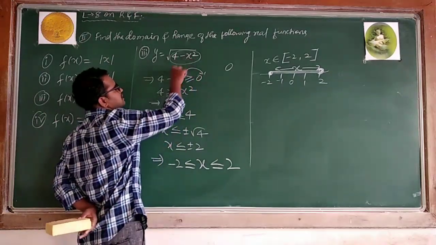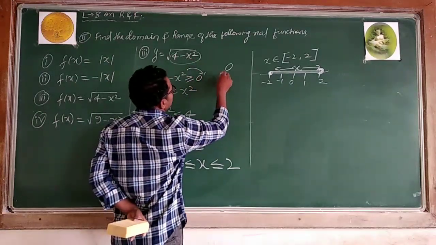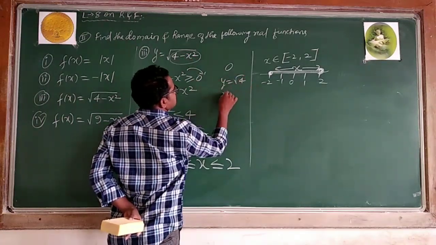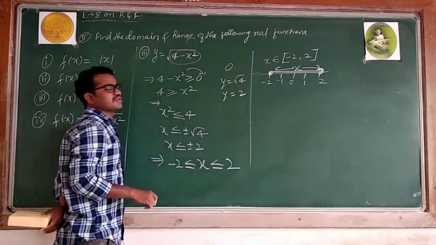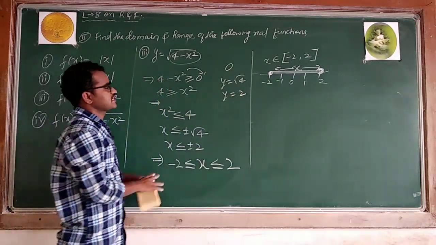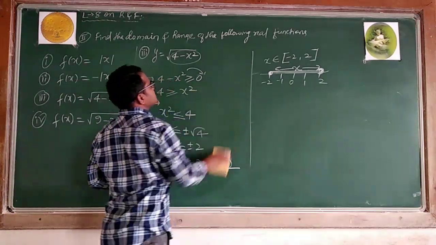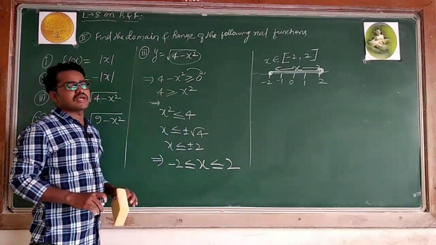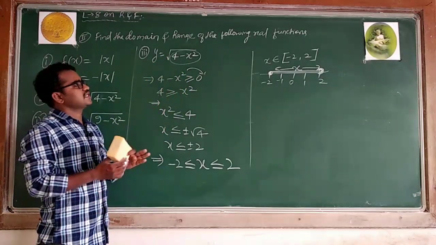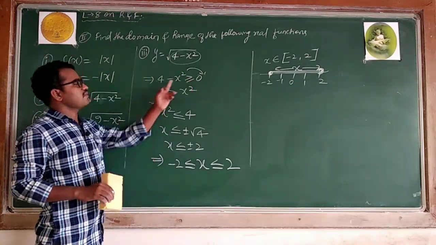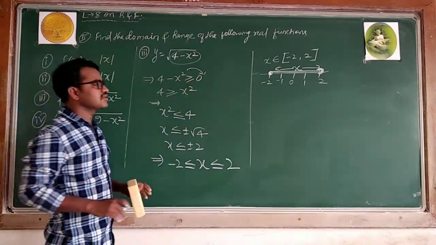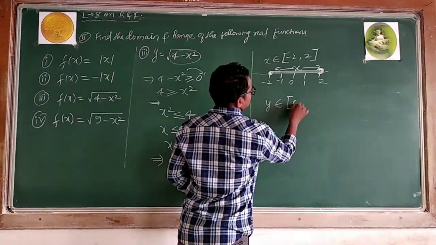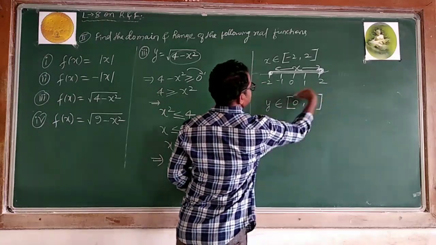When x is 0, you will get y value root 4, which means y value is 2. So the highest value is 2 only. According to this, when 4 minus x square is greater than or equal to 0, the y value is greater than or equal to 0, so y ranges from 0 to 2 only.